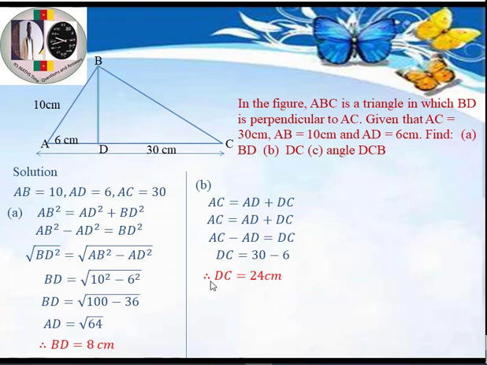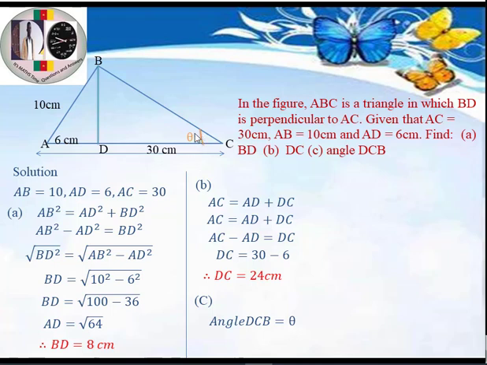Now we are looking for the angle DCB at C. The angle will be formed at this point C. Let's call that angle theta. So you see this angle DCB is what we are looking for, and we call it theta.